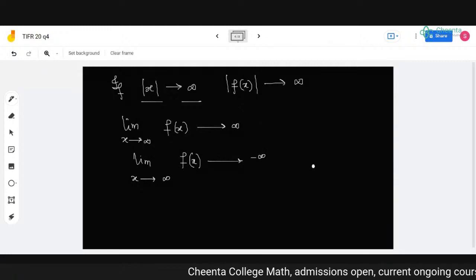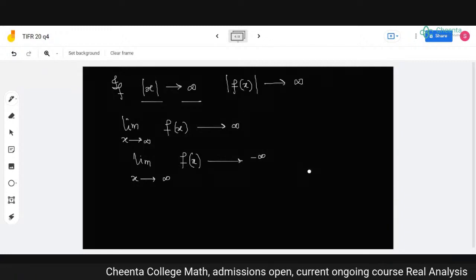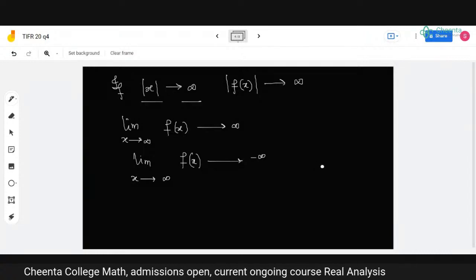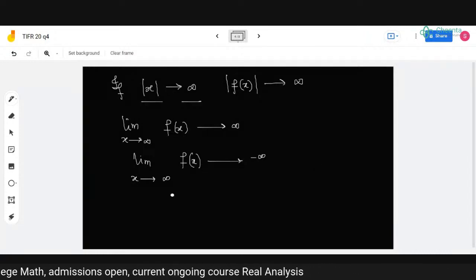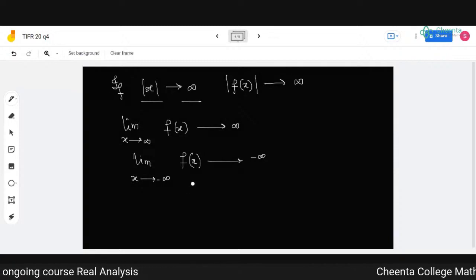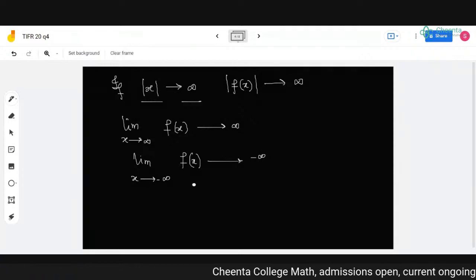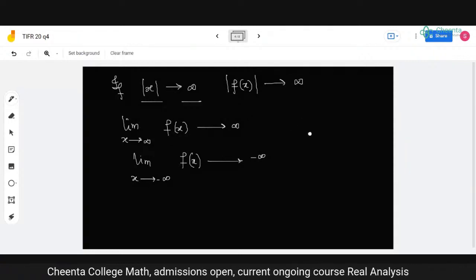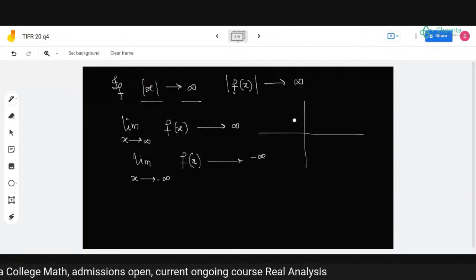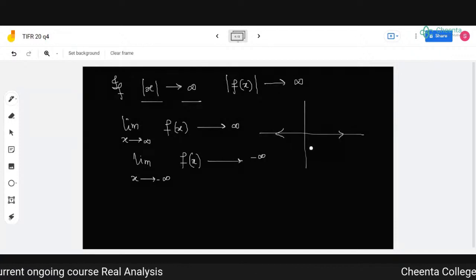Why so? Otherwise, the injectivity will fail. Because if f tends to infinity in both directions, x tends to infinity and x tends to minus infinity, then there is no injectivity. In both these parts, the injectivity will be violated.